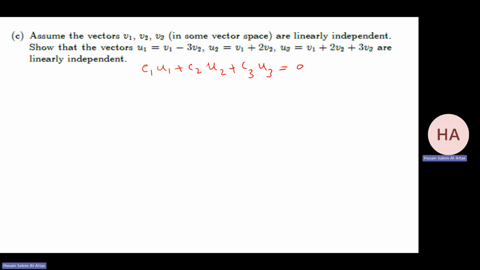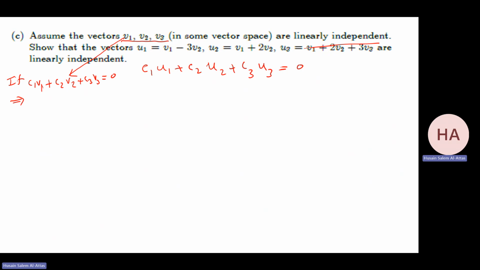I know what? Since V1, V2, V3 are linearly independent, that means what? This is what I will reach: C1 V1 plus C2 V2 plus C3 V3 is equal to 0.